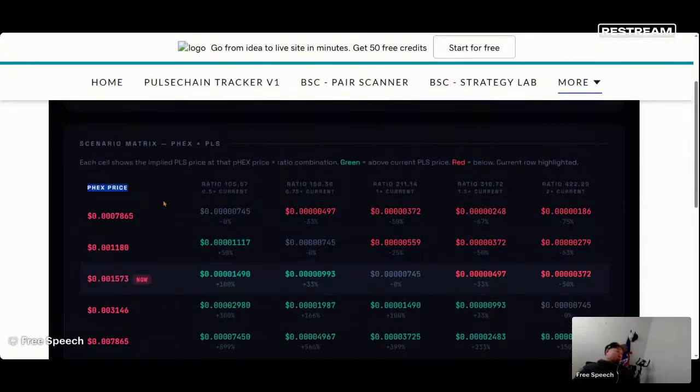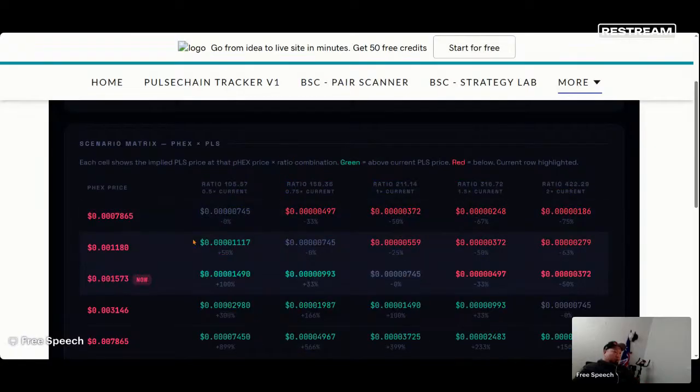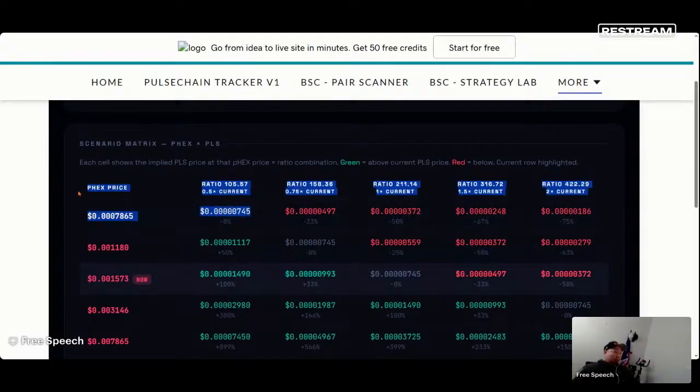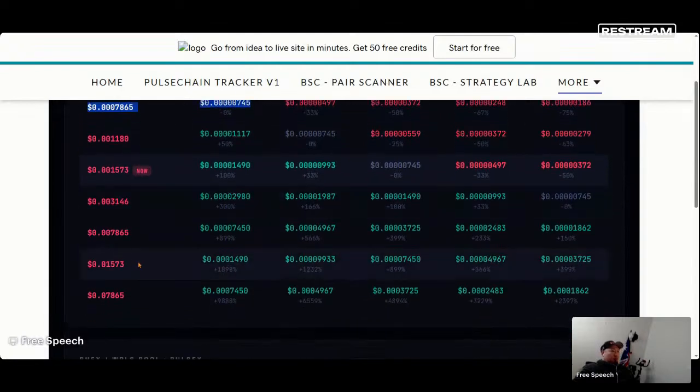Here's the current pHEX price. The scenario matrix: green is above Pulse price and red below, current row highlighted. Now we're looking at, what is this? Ratios. Okay, so yeah, that's the matrix, what it could do.